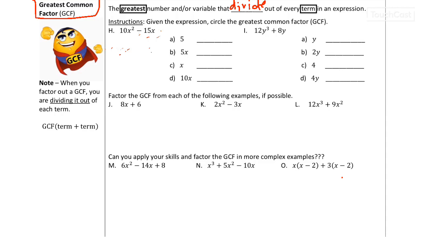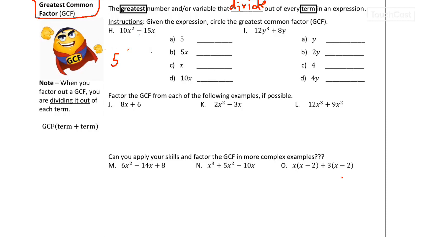Again, what's the biggest number that can divide 10 and 15? The biggest number that can divide 10 and also 15, you should be thinking 5. This is where our divisibility rules that we talked about the other day come in handy. So the biggest number that can divide 10 and also 15 is 5.